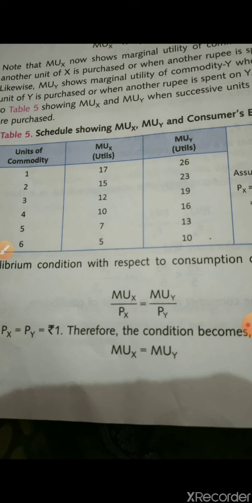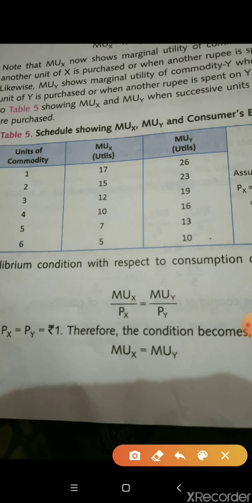Marginal utility of x is 17 when he is consuming the one commodity, marginal utility of x is 5 when he is consuming the 6th commodity. In the same way, marginal utility of y is 26 when he is consuming one commodity, marginal utility is 23 when he is having the two commodity, marginal utility is 16 when he is having the 4 commodity, and so on.